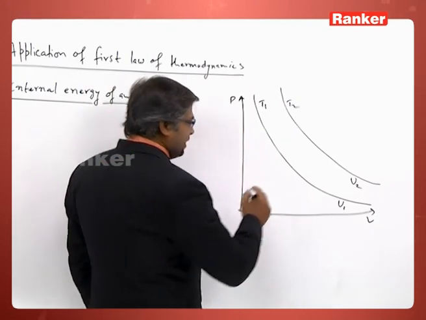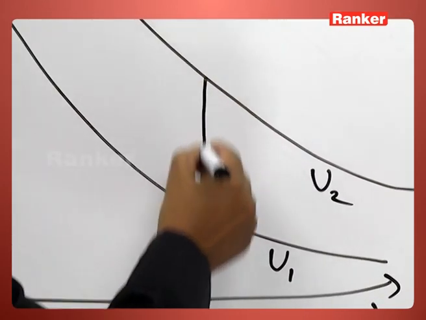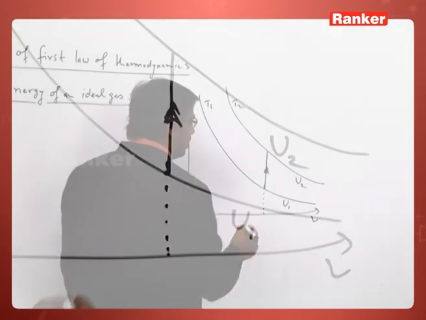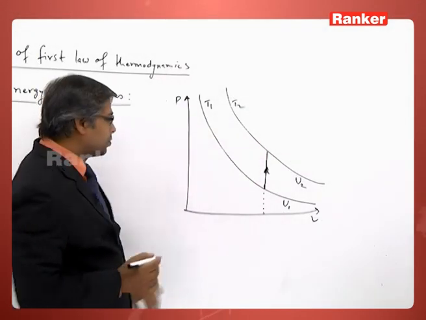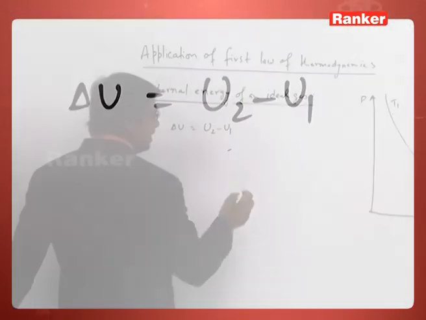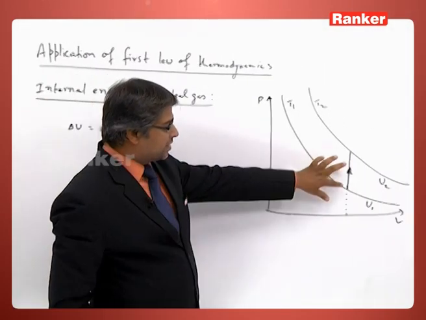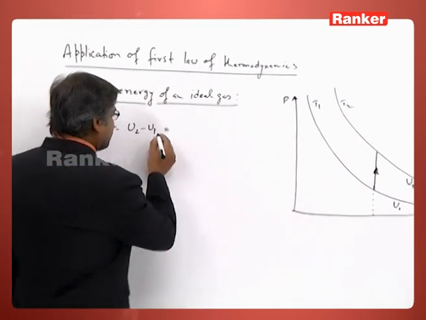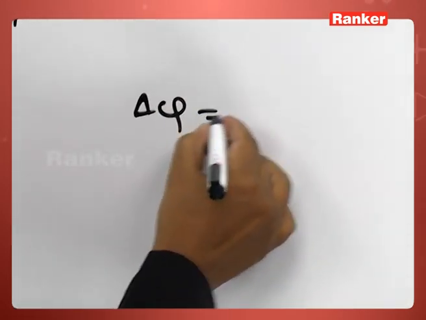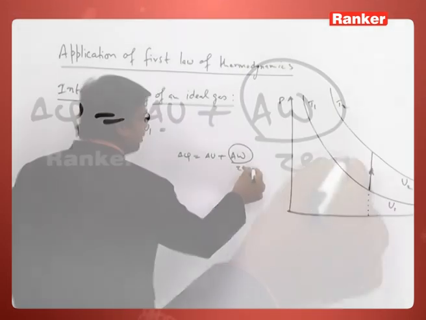If I move from here to here isochorically, this is the isochoric process. Let us calculate delta U, which is U2 minus U1. Since the volume is constant, delta Q is equal to delta U plus delta W, and delta W is 0 for this process.